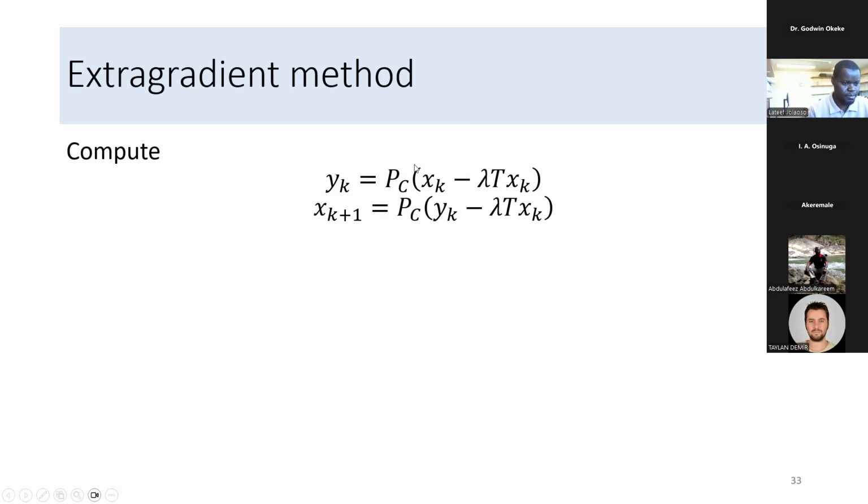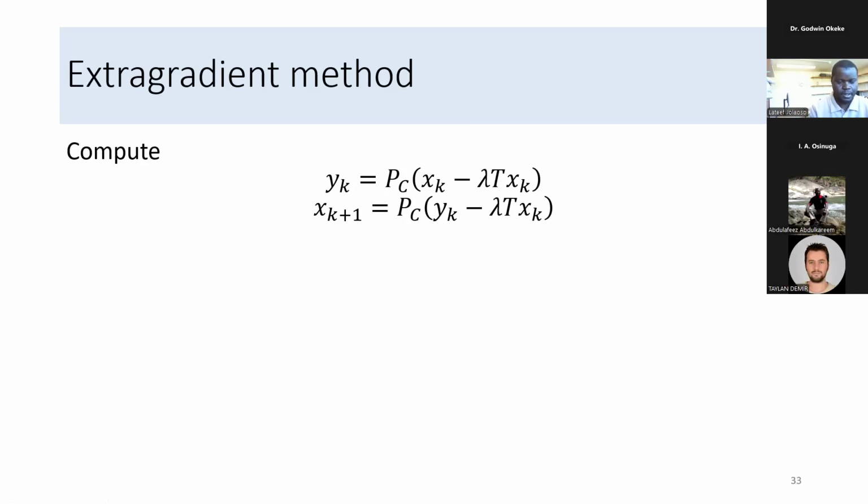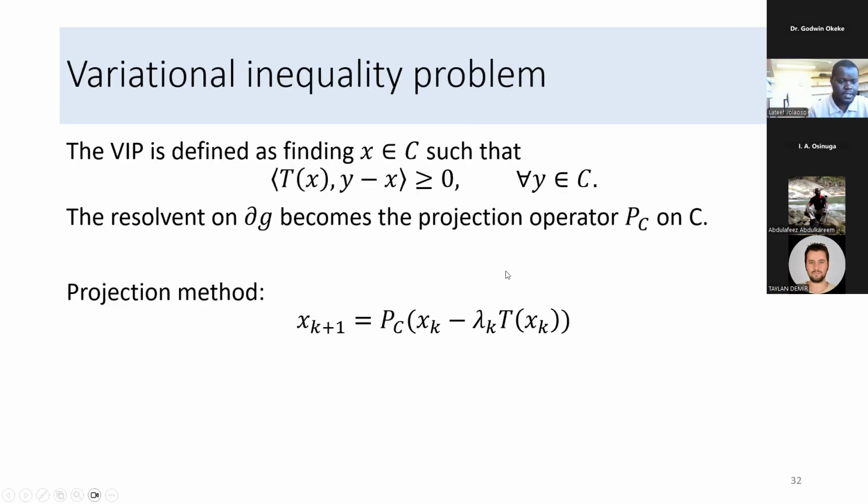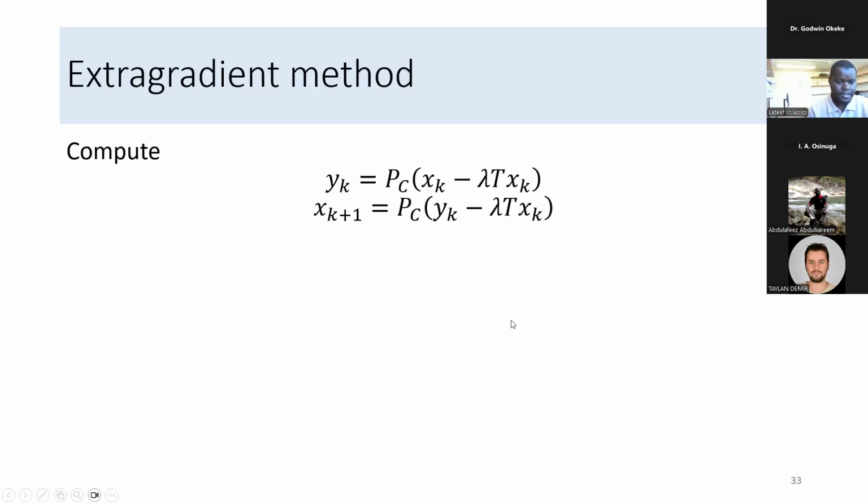This was introduced by Korpelevich some years ago, and he proved that this converges to the solution of the problem. However, we have some problems. I think this is well known because we have two projections. This doesn't come for free. Also, T here can be monotone. In this case, the projection method will only converge if T is strongly monotone, but here we can converge for T being monotone.